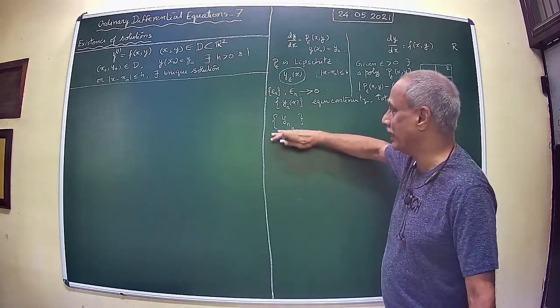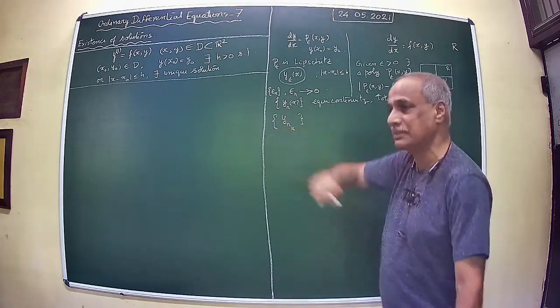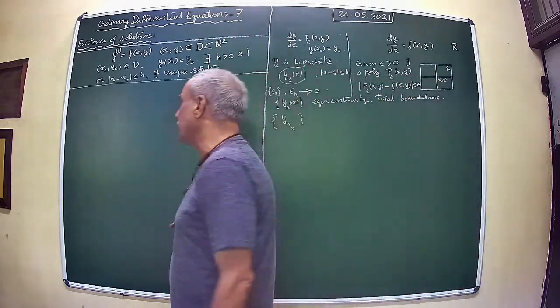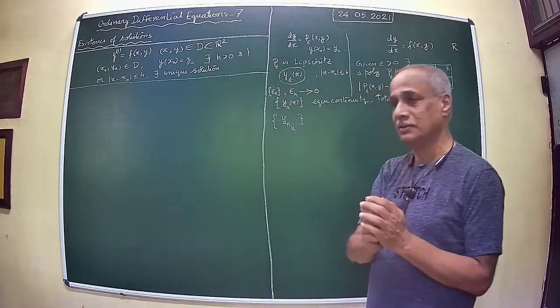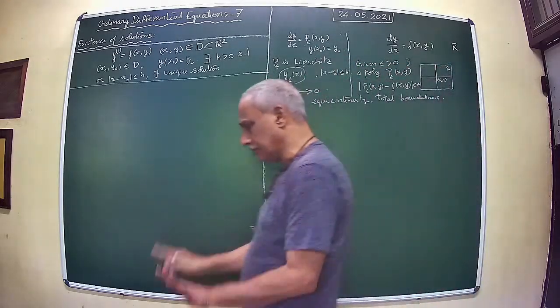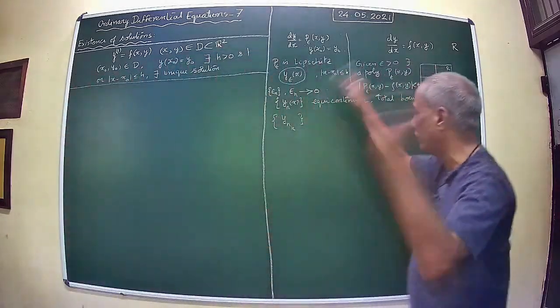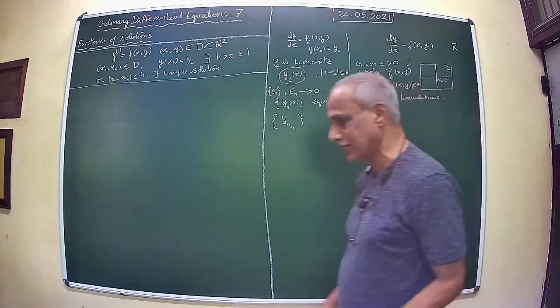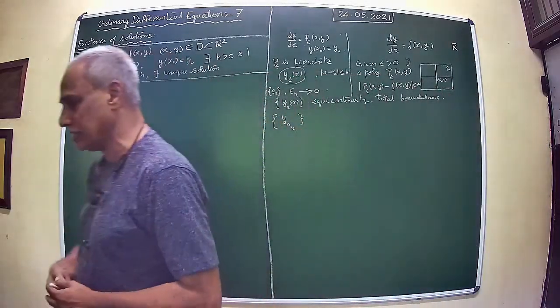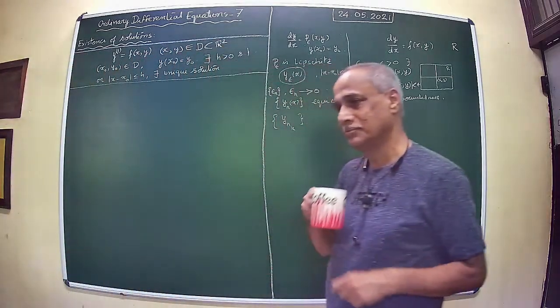Now you can show that the limit of every one of these is going to be a solution of the differential equation satisfying the same initial condition. Therefore, depending on how many different convergent subsequences there are, you will get corresponding solutions.